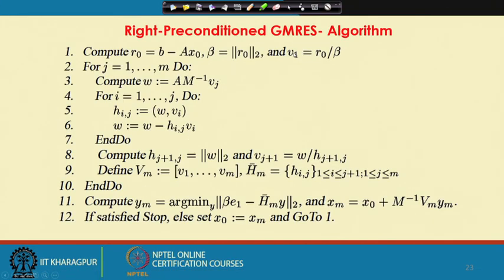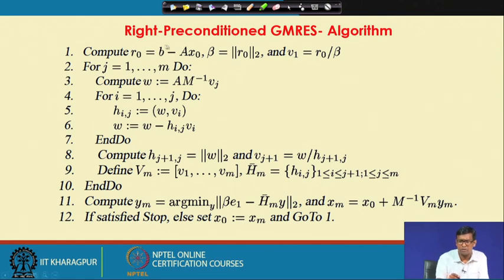So, look into the right preconditioned GMRES algorithm. It starts with the initial steps, and now the basis vectors of V are computed by A M inverse. So, an M inverse step is needed and all the remaining steps are exactly the same as the original GMRES, except that while finding x m we need M inverse.